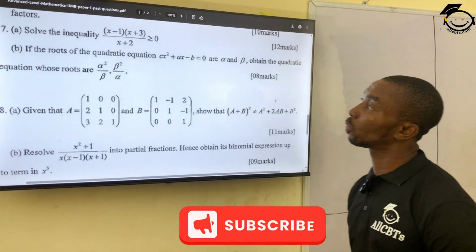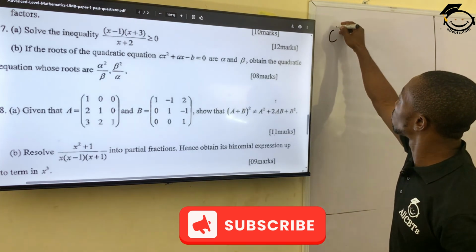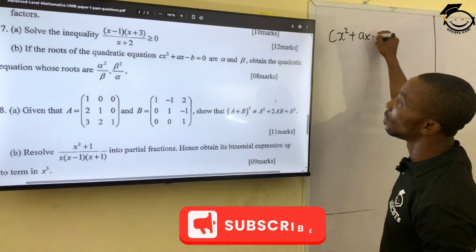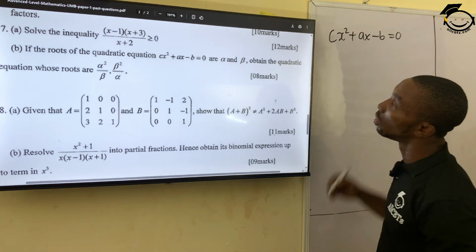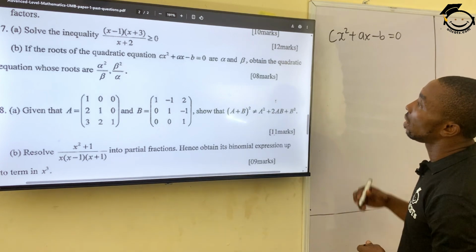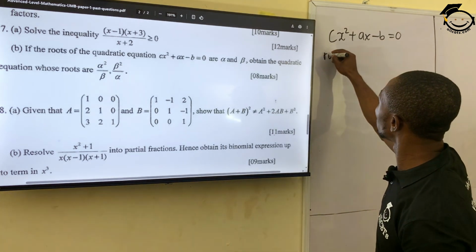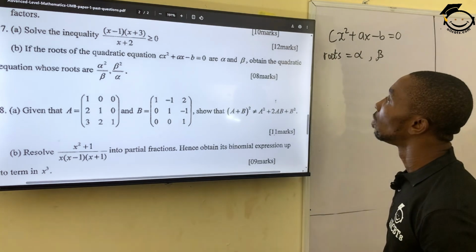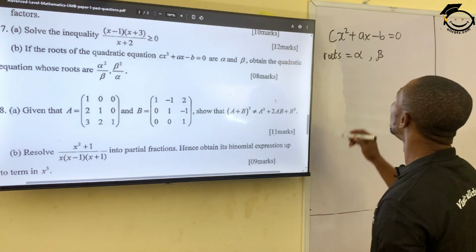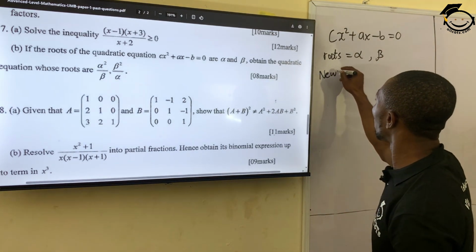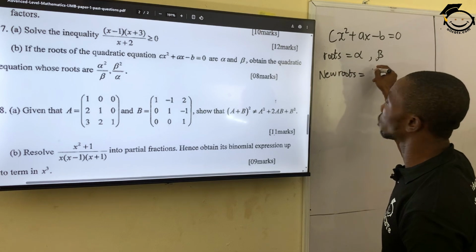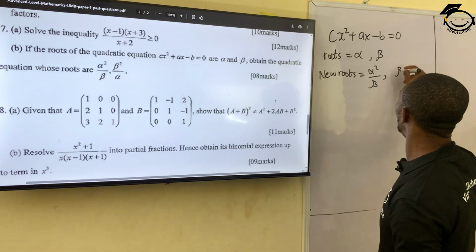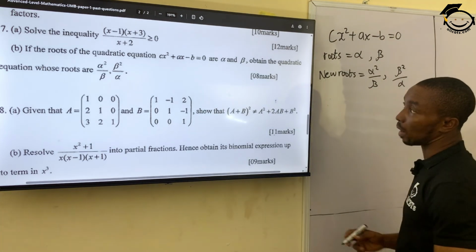If the roots of the quadratic equation 6x squared plus ax minus b equals 0 are alpha and beta, obtain the quadratic equation whose new roots are alpha squared over beta and beta squared over alpha.